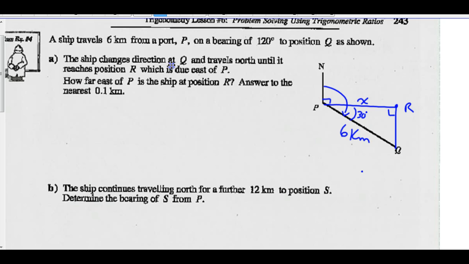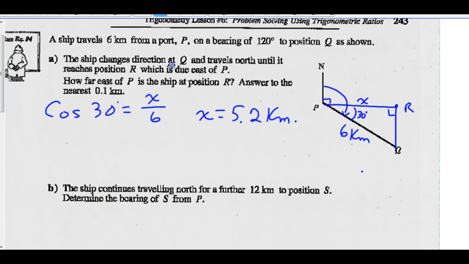So from 30 degrees, x is adjacent. We know the hypotenuse. The trig ratio that uses adjacent and hypotenuse is our cosine ratio. Cosine of 30 degrees equals adjacent x over hypotenuse 6. So I solve this equation for x. 6 times the cosine of 30, and I get 5.2 kilometers.